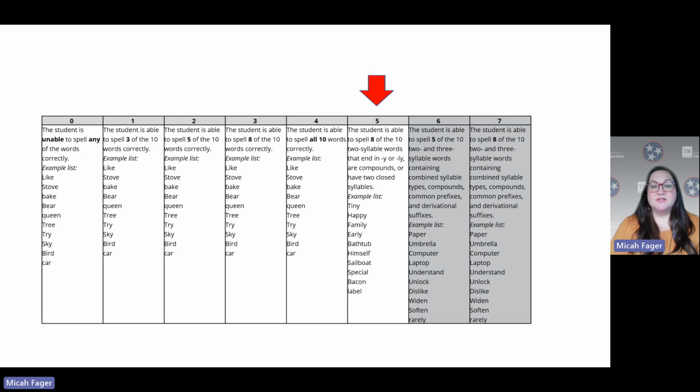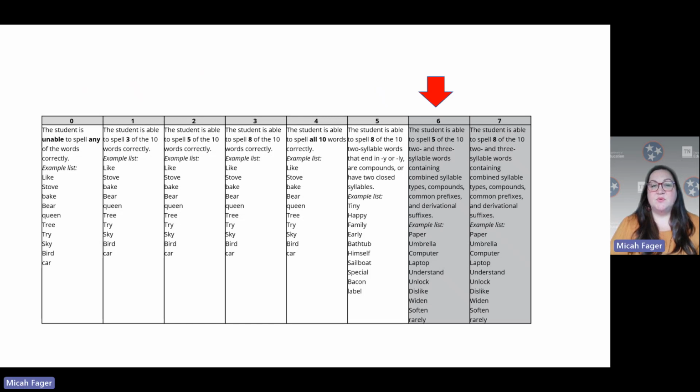The student work receives a level 5 if the student spells 8 of the two-syllable words that end in Y or LY, are compounds, or have two closed syllables. If they are able to write 8 out of the 10 correctly, then their student work receives a level 5.